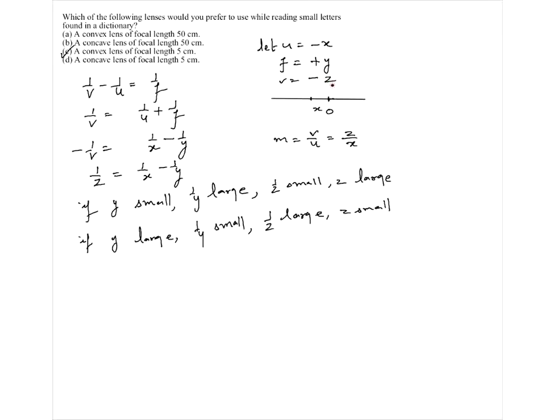So if v is negative, z will be positive. If u is negative, x will be positive. So when we deal with x, y, z, we deal with positive numbers. That's the only idea. Yes, any questions, let me know. Alright, no assignment for today, we stop at this point.